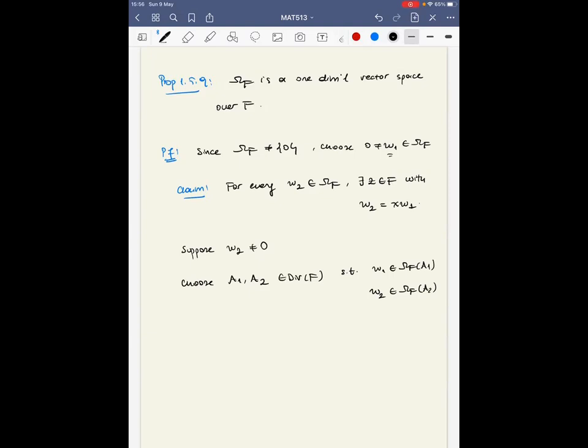And now for a divisor B, which we will determine specifically later, we consider K-linear maps from the Riemann-Roch space of the divisor Ai plus B to the space of Weyl differentials of the divisor minus B for each Ai.